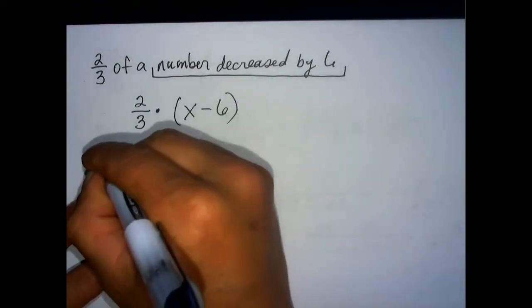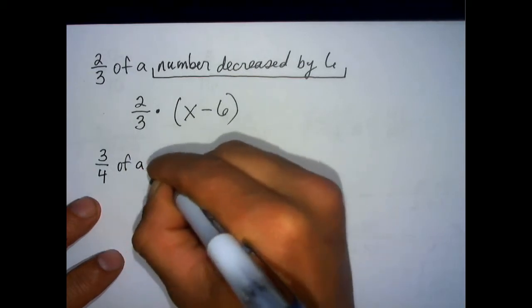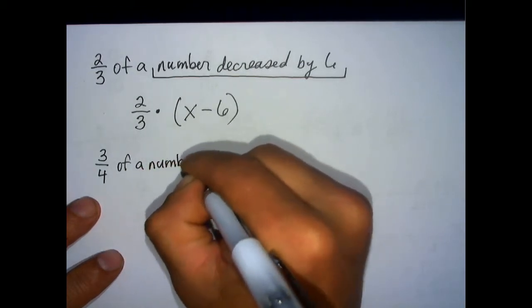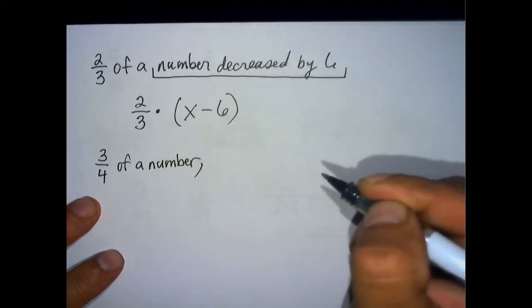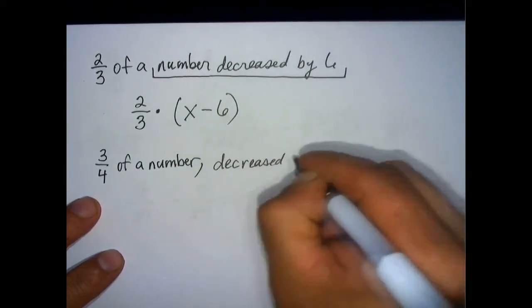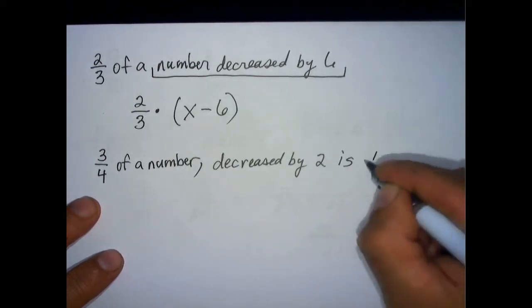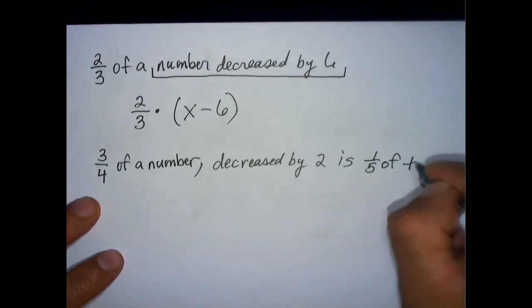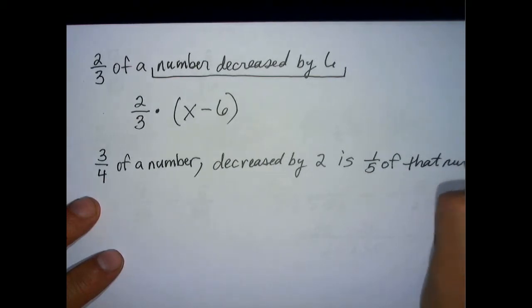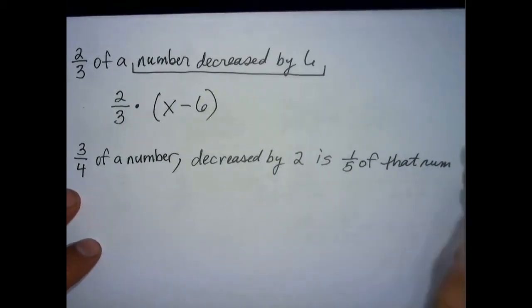All right. 3/4 of a number, comma, decreased by 2, is 1/5 of that number. Oh man, these are too long. Okay.